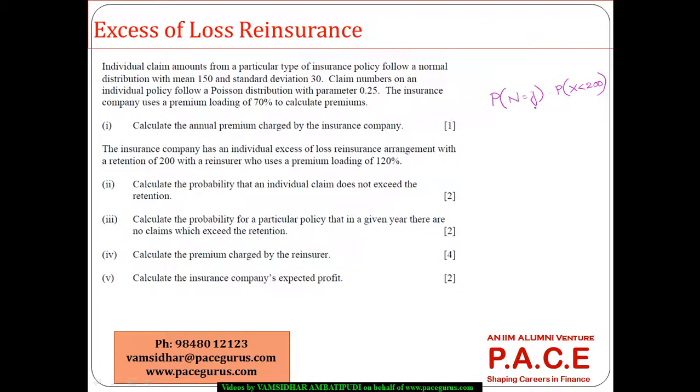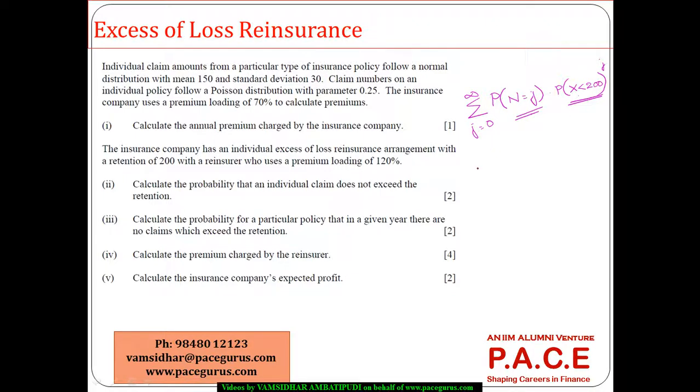Now J could be 1, 2, 3, and so on, or 0 also. So that's where we are summing it up over J from 0 to infinity. There could be any number of claims up to infinity, and I want the probability that each claim, because they are independent, is less than the retention amount.